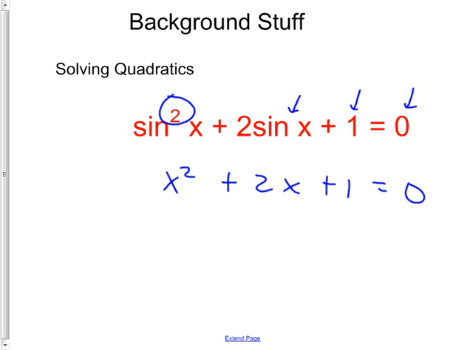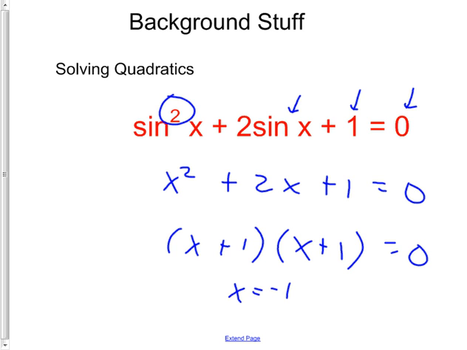Now I could solve it, and let's say I come down to an answer of x plus 1 and x plus 1, so x equals negative 1. Now I got to sub it back in there. I was cheating by replacing sine x with an x. Now I got to go back and put a sine x here. And I have to finish the problem and say sine of what angle. I need to find an angle. So I'd use inverse trig, and I'd end up figuring out that the answer is a degree. Okay, moving on.